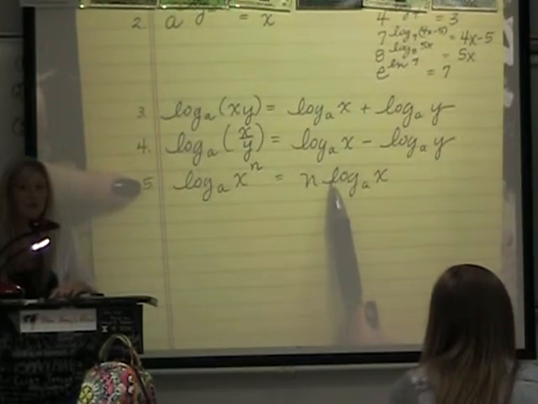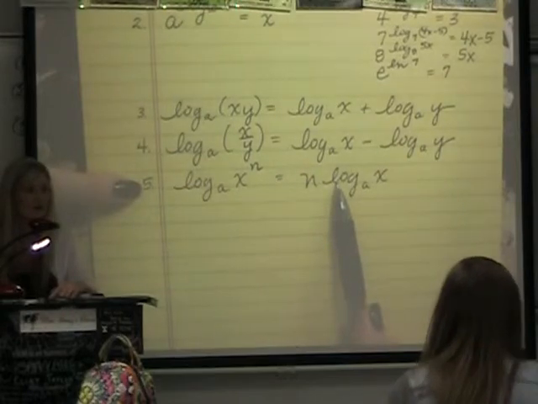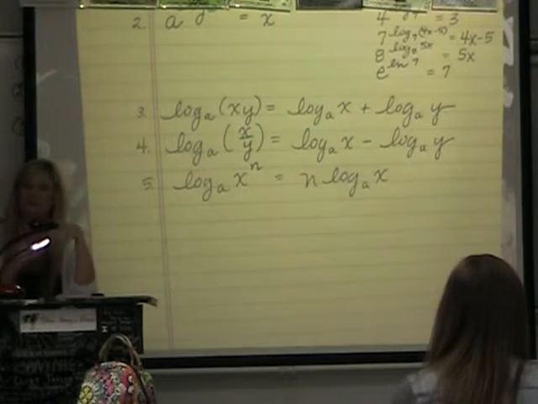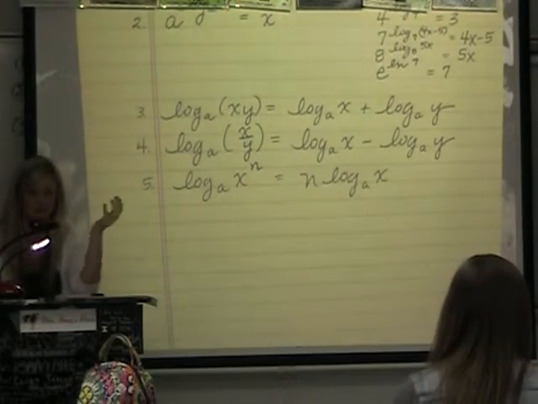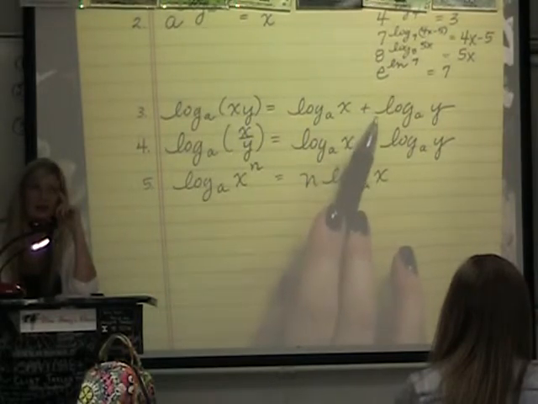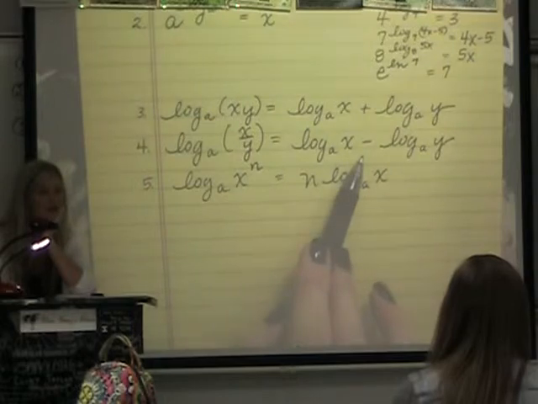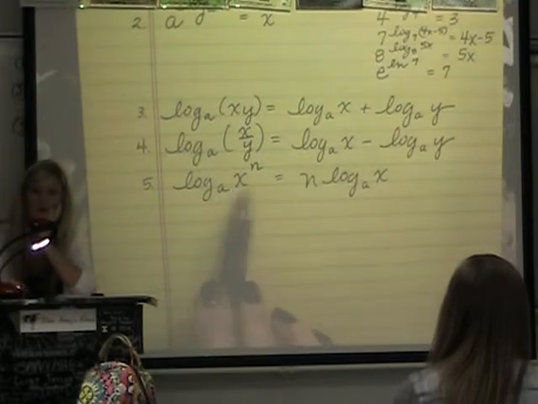So think about where else in math class, somewhere in your career, that you've heard properties that are similar to that or connected to that. Multiplication tells you to add, division tells you to subtract, and raising to a power tells you to multiply.